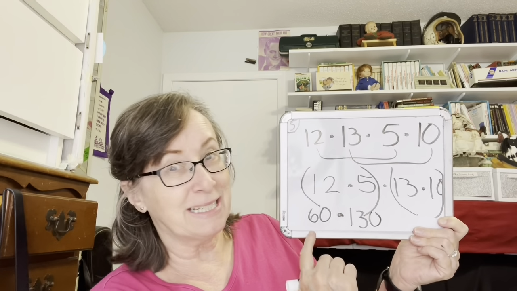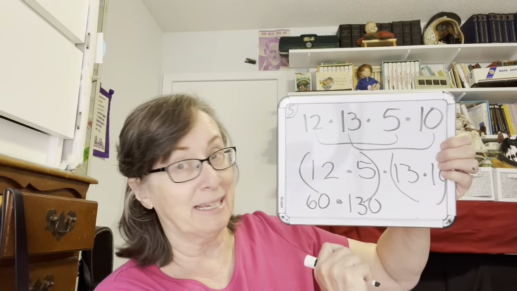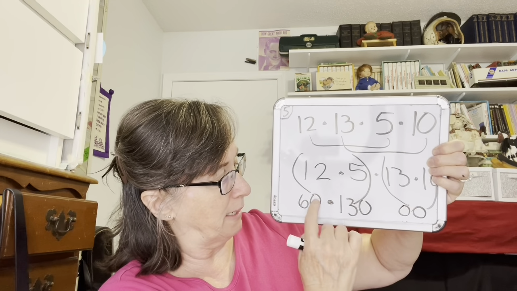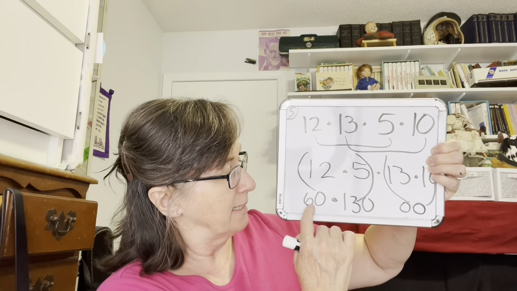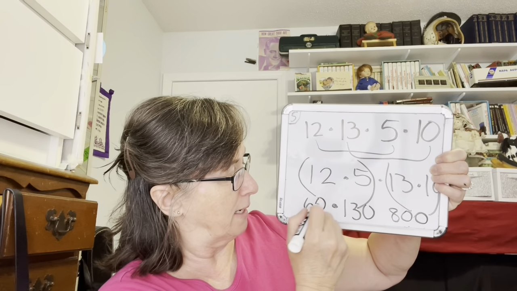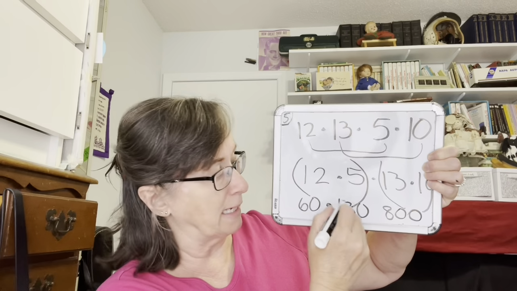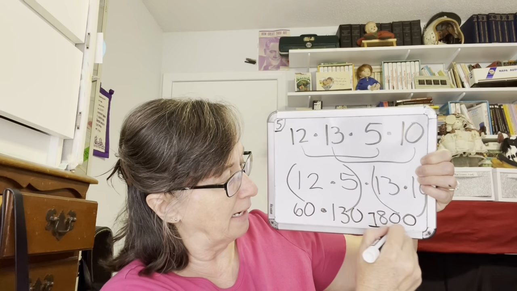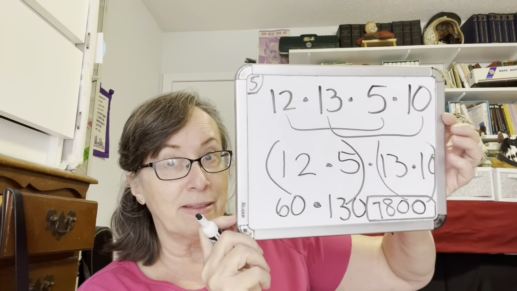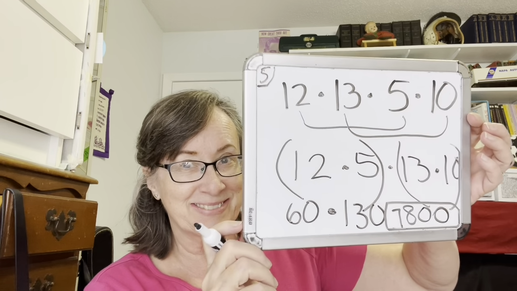And 13 times 6 is something I can probably do in my head. I've got 2 zeros because of the trailing zeros. 6 times 3 is 18, so I'm going to put down the 8, carry the 1. 6 times 1 is 6 plus 1 is 7, and I get 7,800.